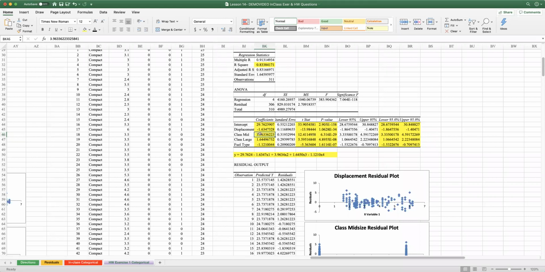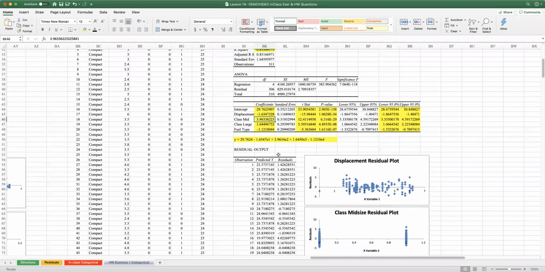So that means midsize has that much more value, right? Because it would add that many more miles to this equation because you enter a 1 where midsize is. Right? You enter a 1 right there, and so this gets added to H. It increases the value of H by that factor. So that's cool the way that works with dummy variables.